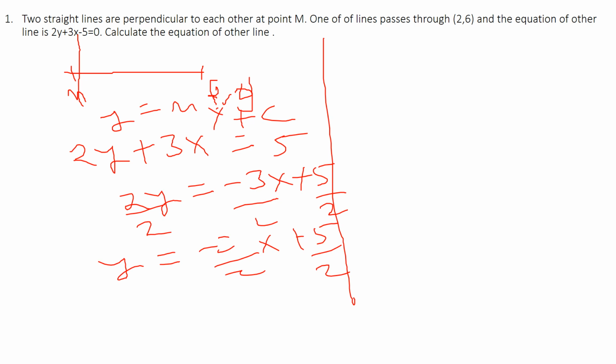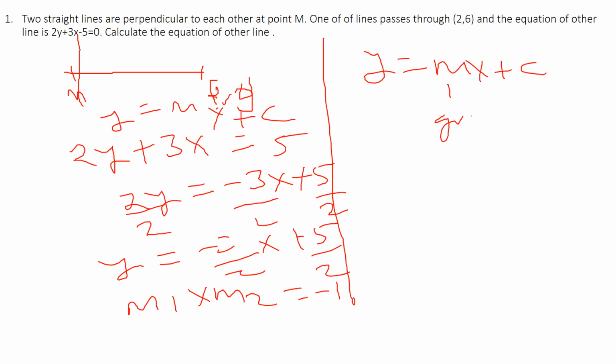And then for the perpendicular line, we know that if we take the first gradient, which is m1, and multiply it by m2, the gradient of the second line, we are supposed to get -1. When I have the equation as y = mx + c, m is the gradient and c is the y-intercept.